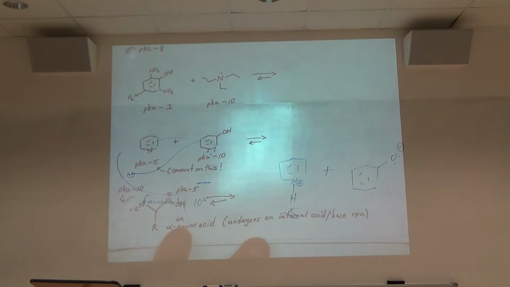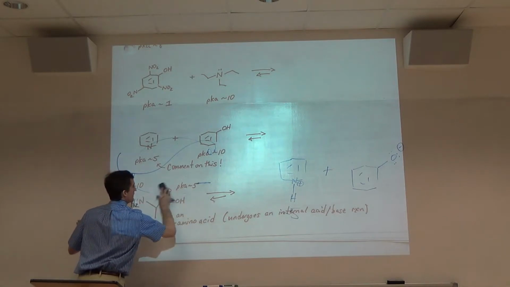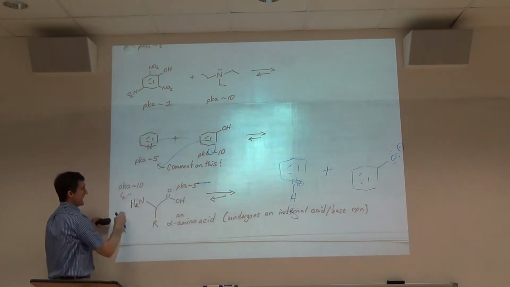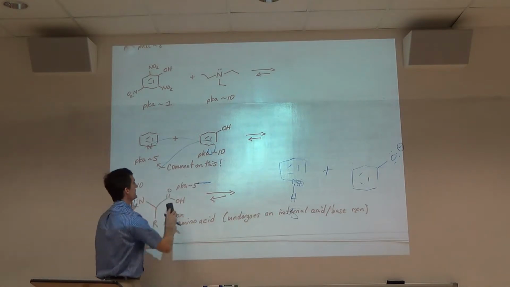Okay, one below. It's got a hole punched out. That's just an NH2. This is an amino acid. Okay, you'll see these in biochem. They're the building blocks of all your proteins.